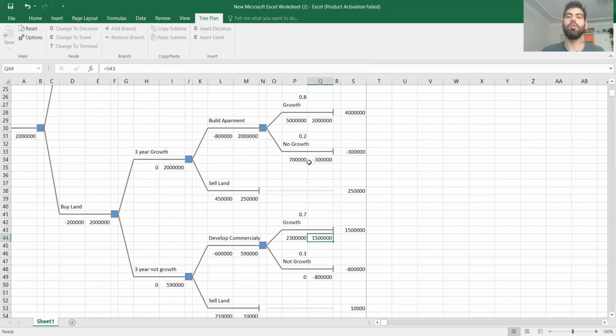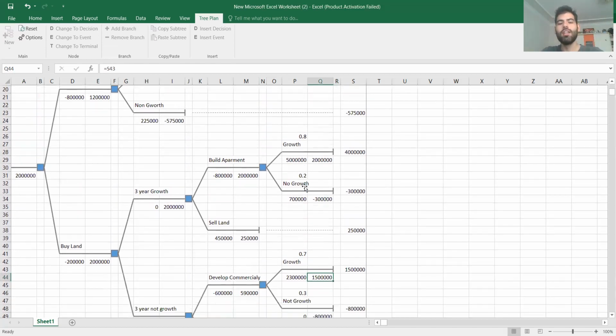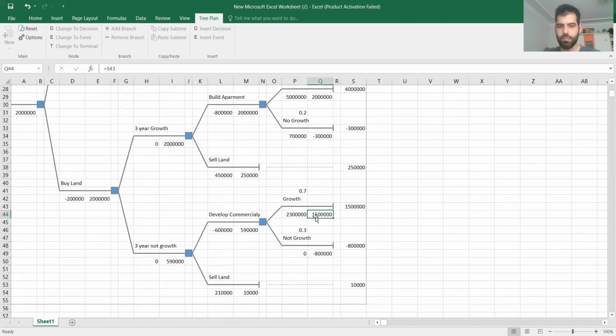And also, if we build an apartment on the land, it loses its value, because if we leave it empty, someone can buy that land and use it for another purpose. But if you build an apartment, that land needs to be used for an apartment and living. So that's why we lost more than in the other steps.